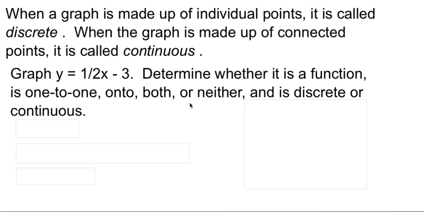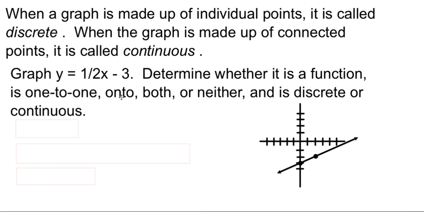Well, to start with, we need to make a table, get some points, and I kind of already have done that for us. I know that the y-intercept is negative 3, so I started at negative 3. The slope is 1/2. Well, I remember slope means rise over run. So from the point that we started at, negative 3, rise 1, run 2, and that gives me my line.